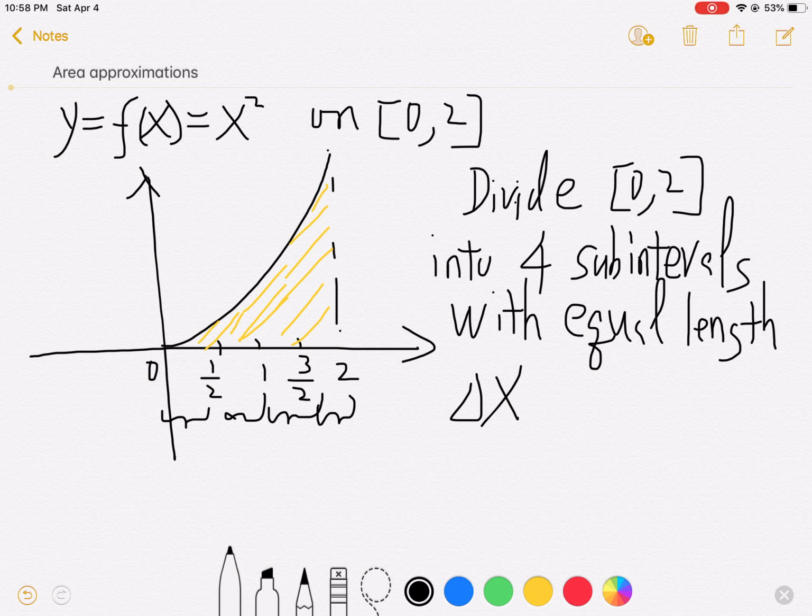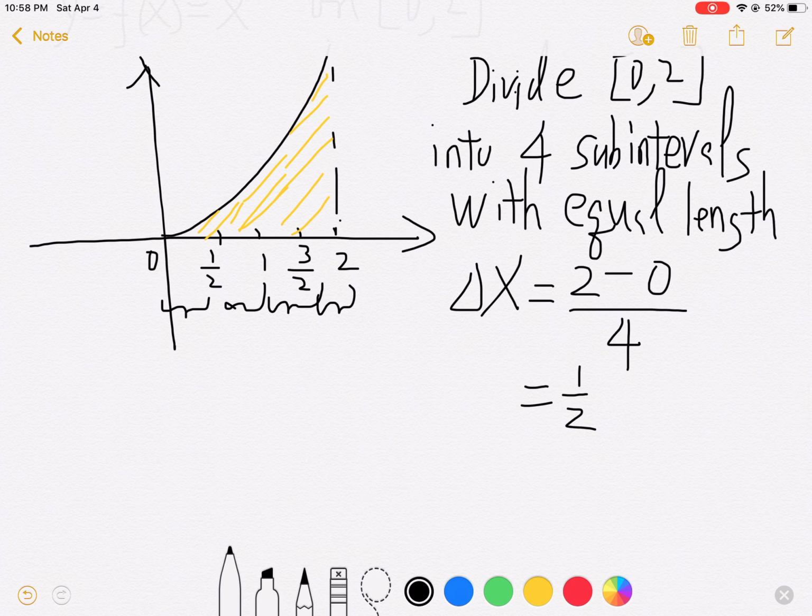So how to calculate the length? This is the endpoint 2, minus the first endpoint 0, over, we have 4 intervals, so divided by 4. So this is 1/2. This is the length for each interval. On each interval, we form a rectangle, okay? So for this interval from 0 to 1/2, we form this rectangle.